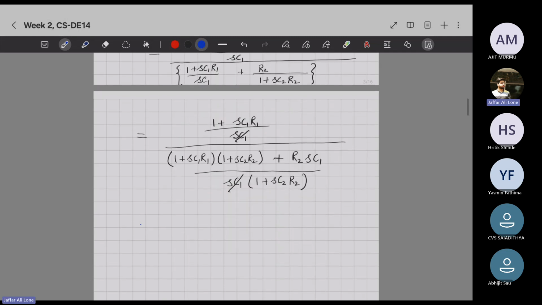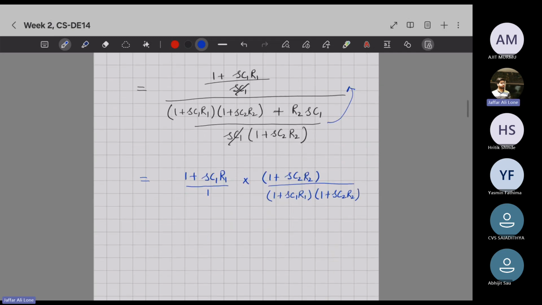What you will be left with is 1 plus SC1 R1 divided by 1, and I'll take the denominator above, so it will be the reciprocal of it. So it will be 1 plus SC2 R2 divided by 1 plus SC1 R1 into 1 plus SC2 R2, and there is another term, plus R2 SC1.